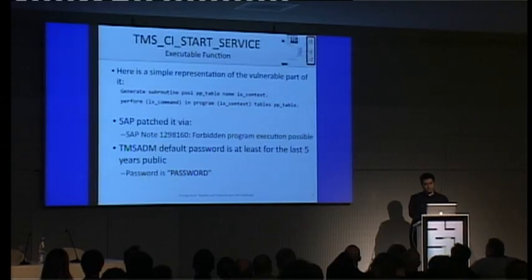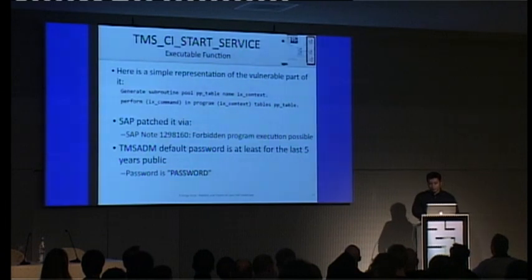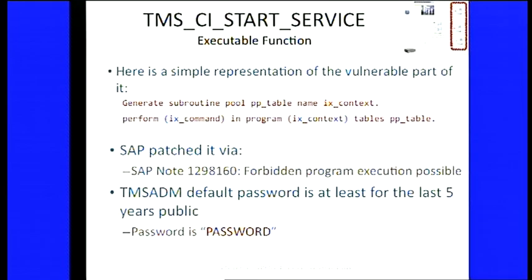But the interesting thing is the TMSADM password for many, many years is a default password, and that password is "password". And you couldn't change it before because everything broke, but now this is fixed, and you can actually change the password, which is a great feature, of course.